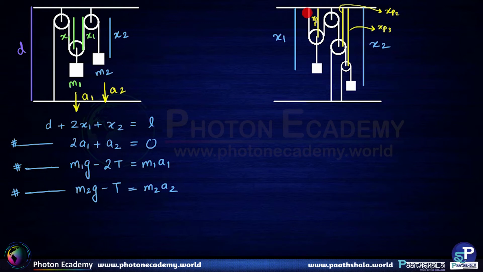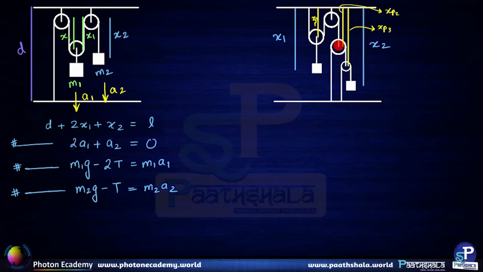This part of the length of the string also varies as x1. Obviously we are ignoring this pi r part, this fixed distance d, and so on. So this is x1, this also varies as x1. This part of the length of the string varies as xp2. So xp1 varies as x1 varies.